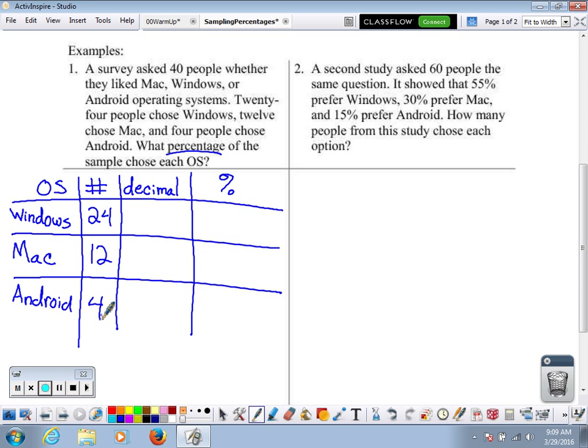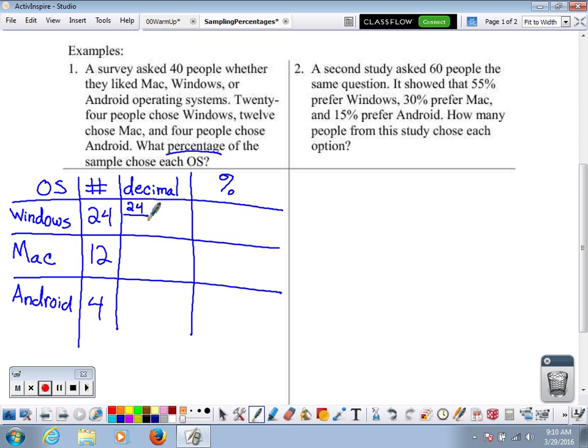So what we do, like we said at the very beginning, we take the number of successes divided by the number of trials. If I'm talking about Windows, these 24 people that chose Windows would be my number of successes. So I would take 24 and divide it by the number of trials.